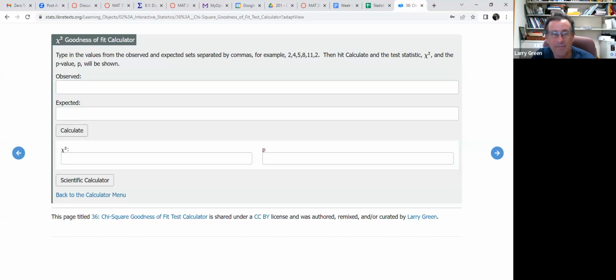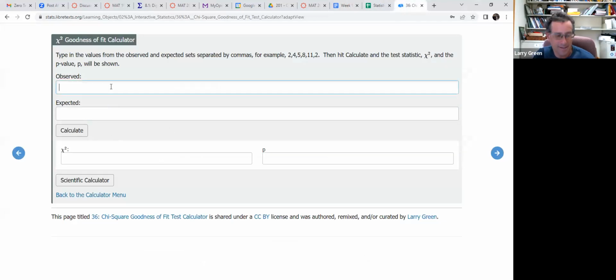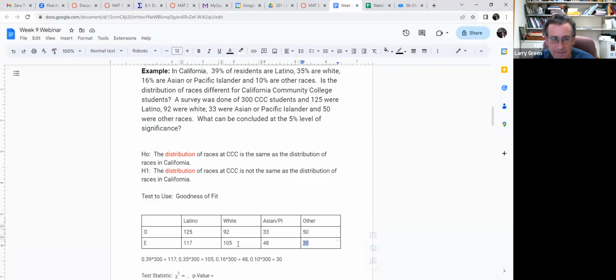So let's go back. And my observed are these guys. I can copy and paste, and I got to put commas in. So 125, comma 92, comma 33, comma 50. And my expecteds.